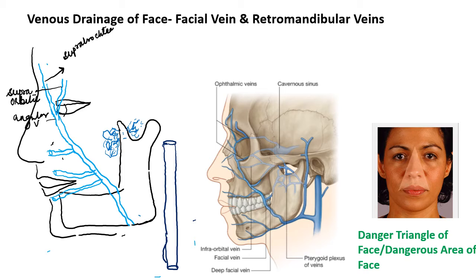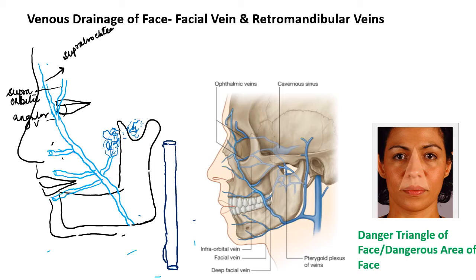Now, the facial vein is connected to the pterygoid venous plexus by a deep vein which is lying over the buccinator. So there is another tributary of the facial vein, which is this one, the deep vein, which is linking the facial vein with the pterygoid venous plexus. The pterygoid venous plexus is present medial to the mandible. On one end, it is connected to the deep facial vein.